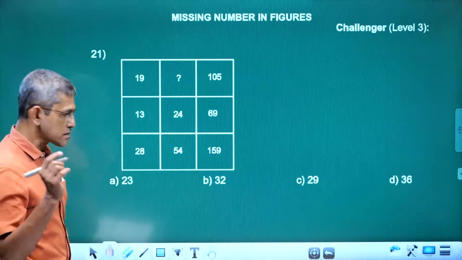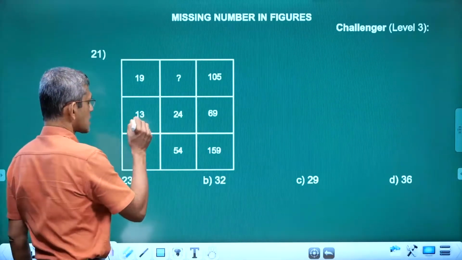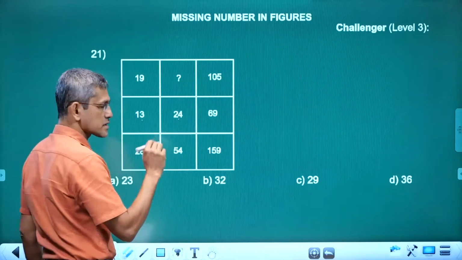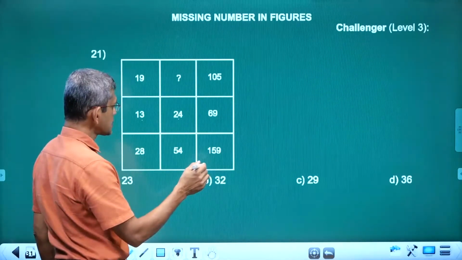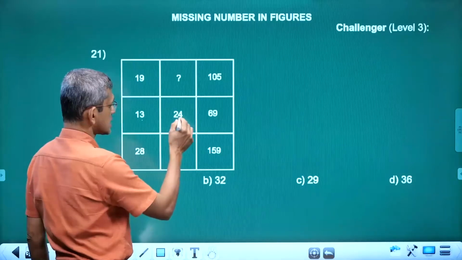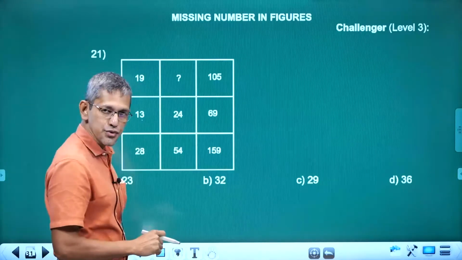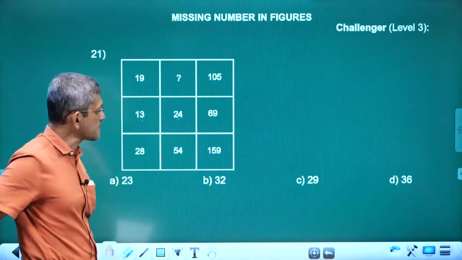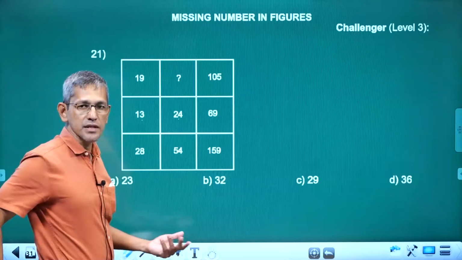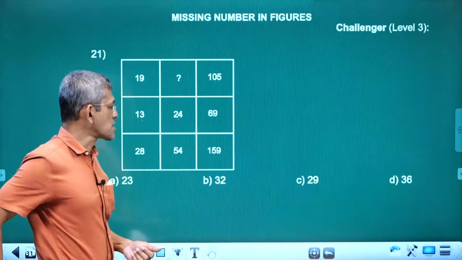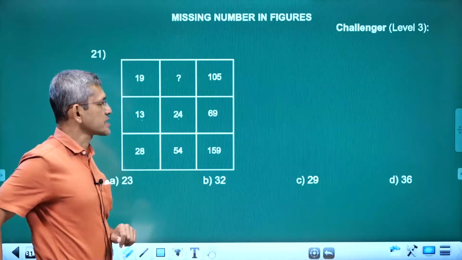Right? So okay, let's look at it that way. 13 and 24, that's 37. That 37 into 2, how much is that? 35 into 2 is 70, right? 37 into 2 is 74. 74 minus 5 is 69.